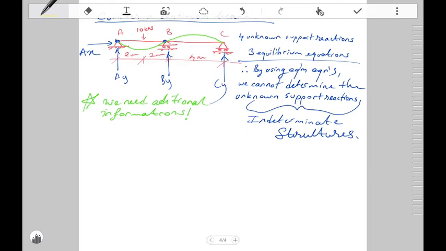And at C, the deflection is equal to 0. So, let's sketch the deformed shape. Probably it will deform like that, the green shape.